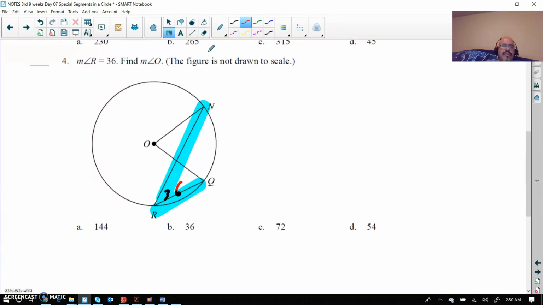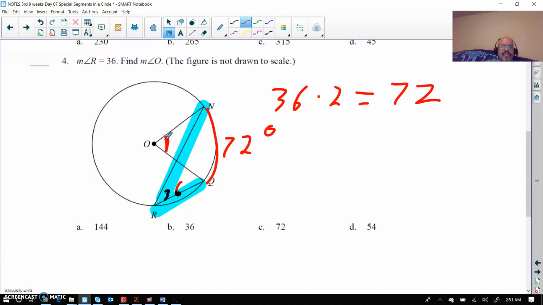That means that this is the inscribed angle, and the arc that it intercepts, this arc right here, is twice that, so it's going to be 36 times 2, which is equal to 72 degrees. This is the angle they're asking for, which is equal to the arc, because that's the central angle, so it's just 72. So angle O is equal to 72 degrees.